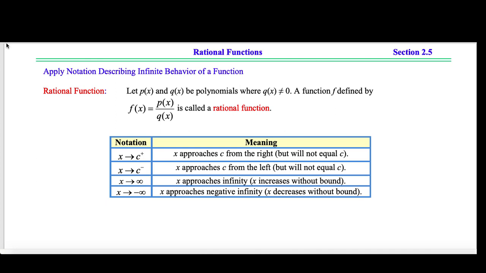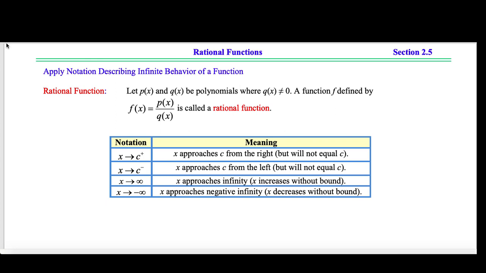And when we say from the right, that means that x is a value that's larger than c. So c might be 2, and x might be 2.1. And as it gets closer to c, it might become 2.01, 2.001, 2.0001, right? It gets closer and closer, but it's always bigger, and it never quite equals.